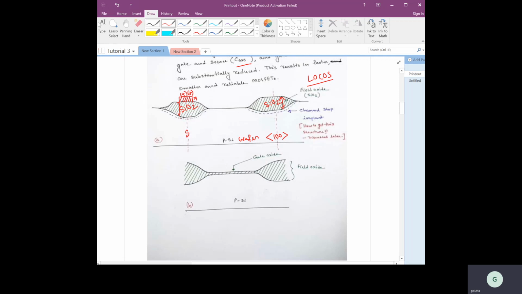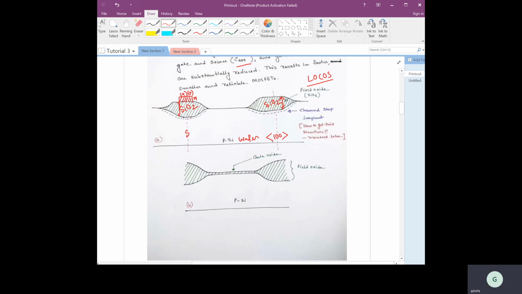So if you somehow increase the doping concentration only for this region, that will also increase the threshold voltage. Increasing the threshold voltage means the probability of forming any parasitic channel under this field oxide is substantially reduced. That's why this field oxide has to be quite thick, and in many cases a channel stop implant is also done under this field oxide. I hope this part is clear.